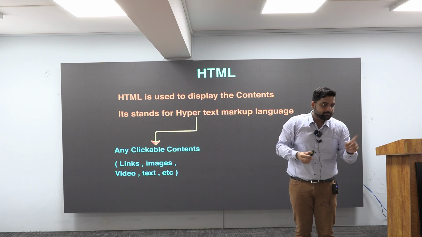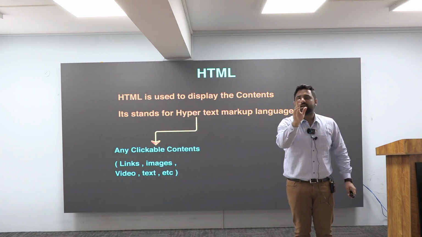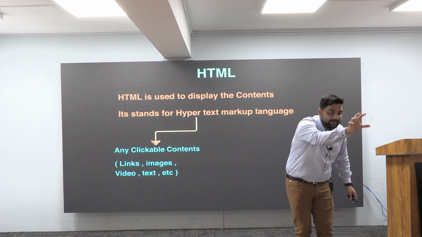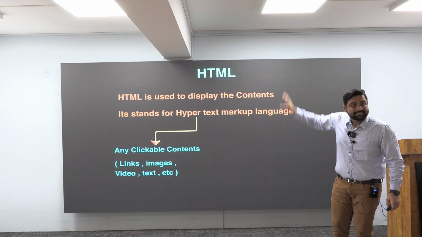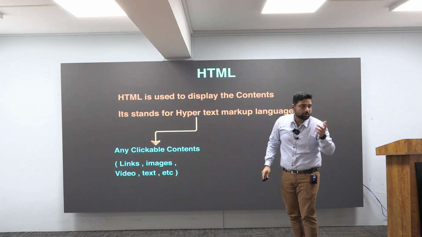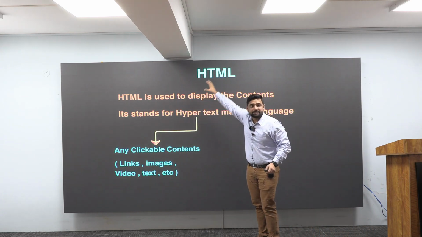But my friend, in HTML we cannot perform any kind of computation or logics. If you write a program, it will display in your browser, not the computation of that program.